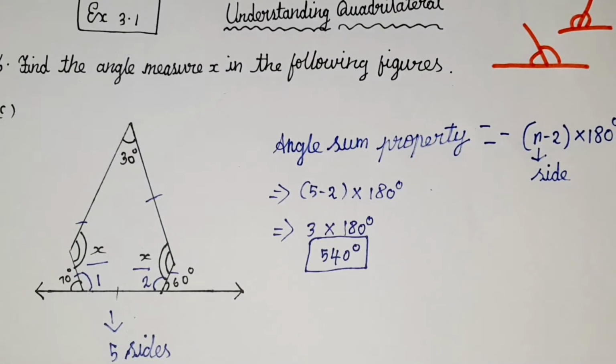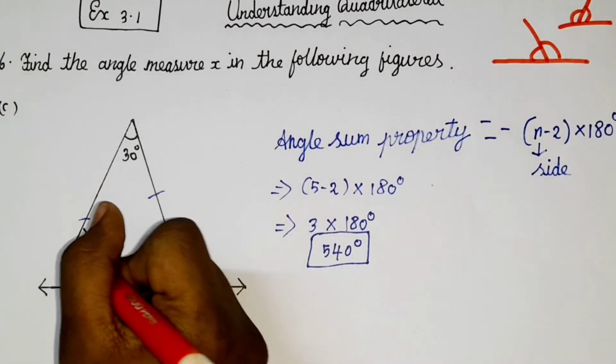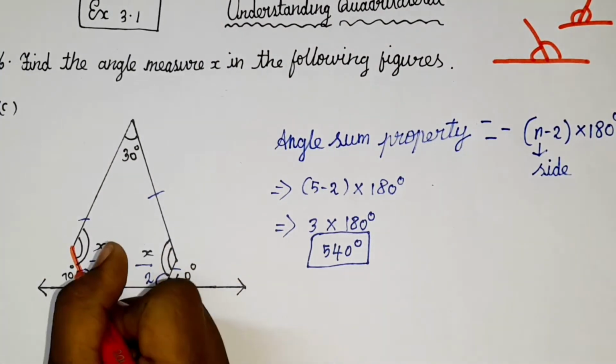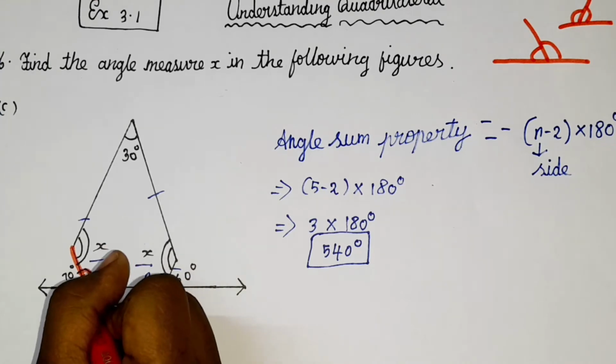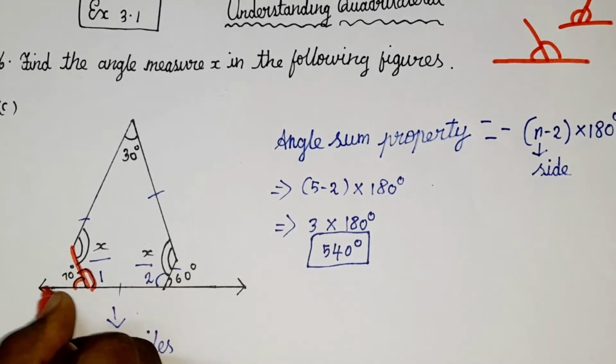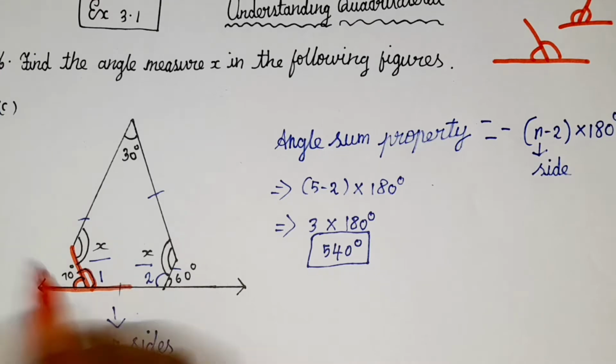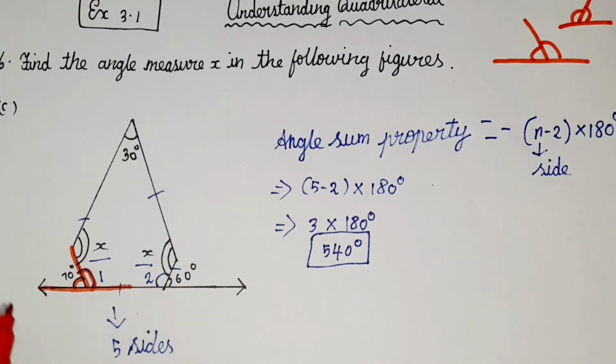Here we have a linear pair because there is a long side, and here you can see there are two measures and this is a line segment. So when we have a linear pair, what is the property?